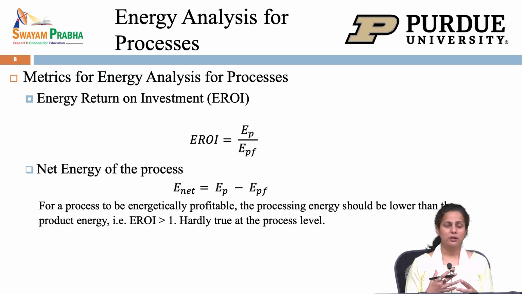So, what that means is that your energy in the product is your output, and the amount of energy that you have additionally put in is what we compare against. We do not consider the feedstock, but just the additional energy, which is the processing energy that you have additionally put in.